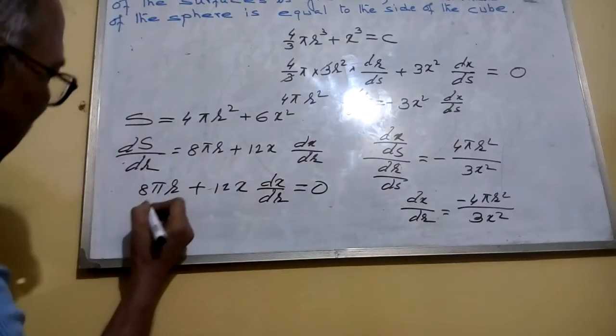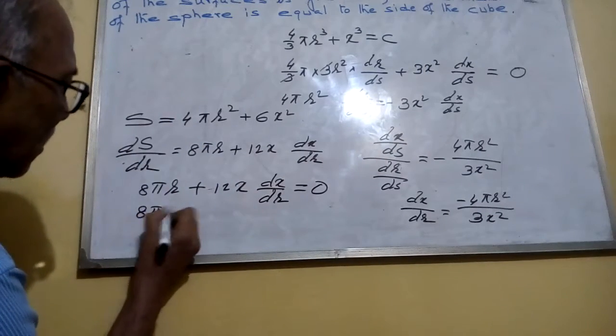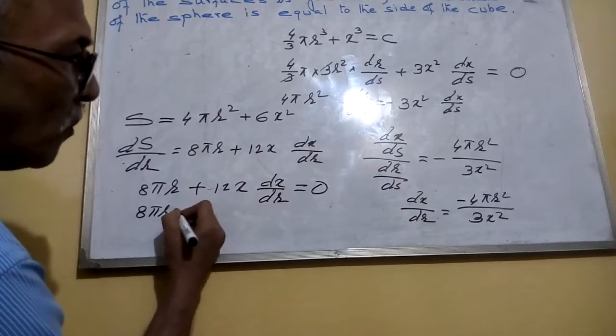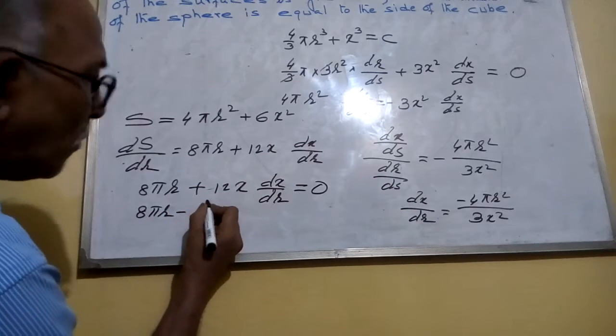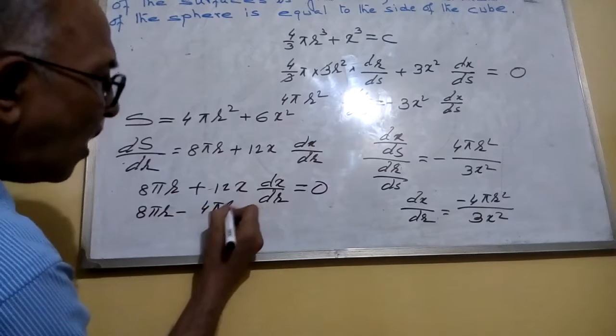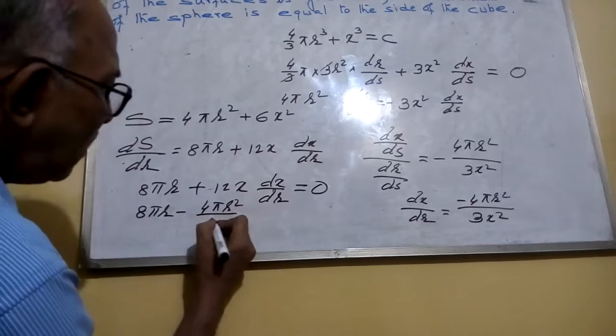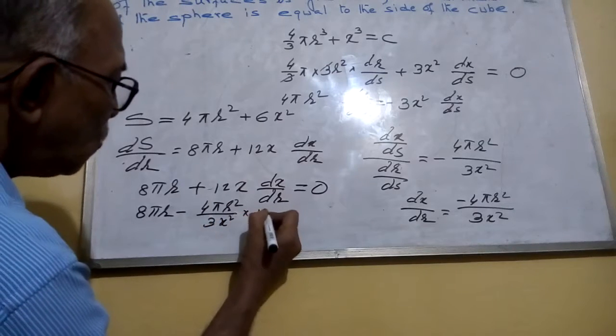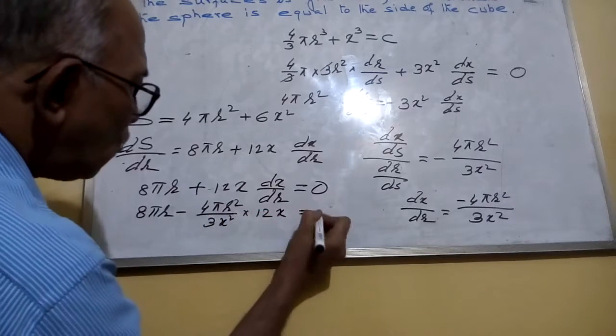So if we put here, instead, 8πr + (−4πr²/3x²) × 12x = 0.